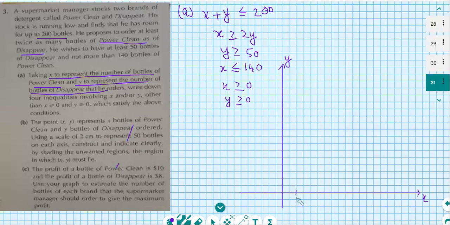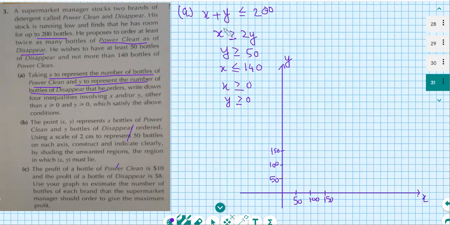It means this is 50. This will be 100 and this will be 150, and so on. Similarly here 50, 100, 150, and so on. All right.